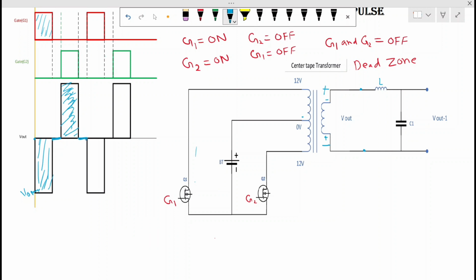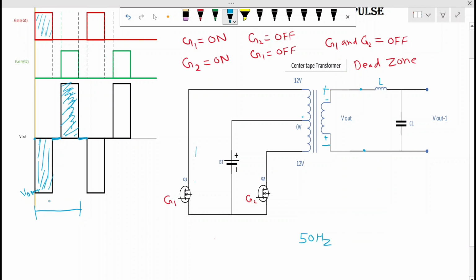So you can see one half cycle is completing, and this other half cycle is completing, so the total becomes one cycle. From here to here is one cycle, and the gate driving pulse frequency is 50 hertz because we want a 50 hertz inverter.